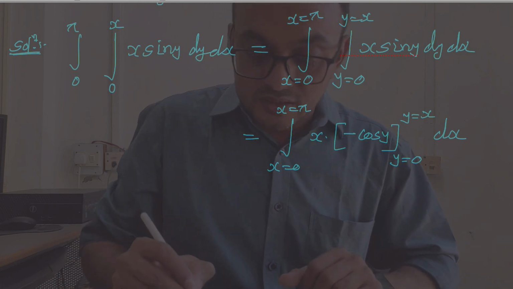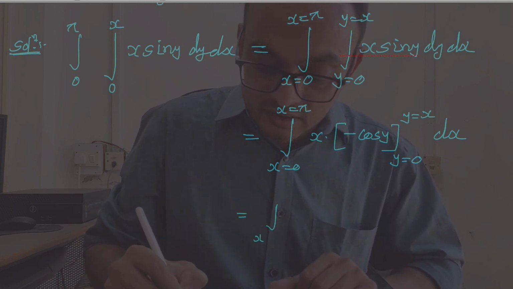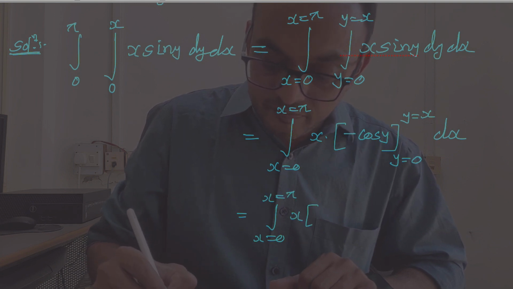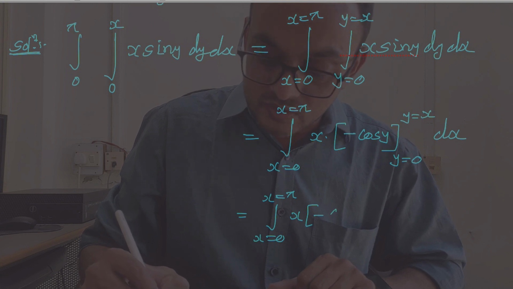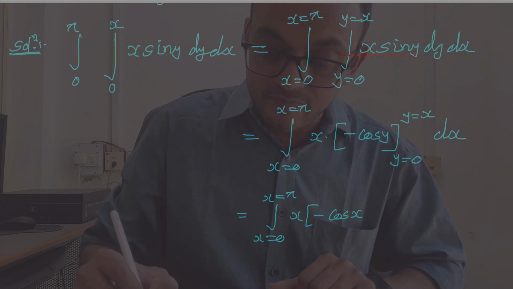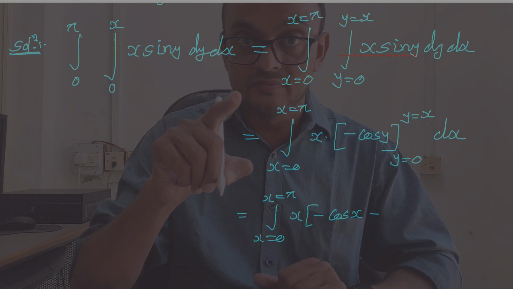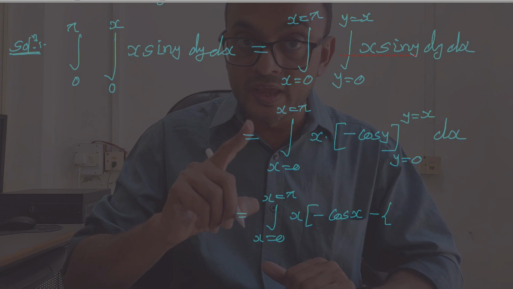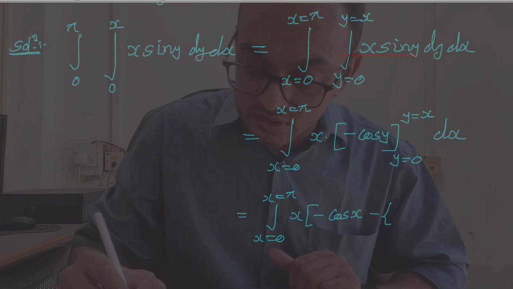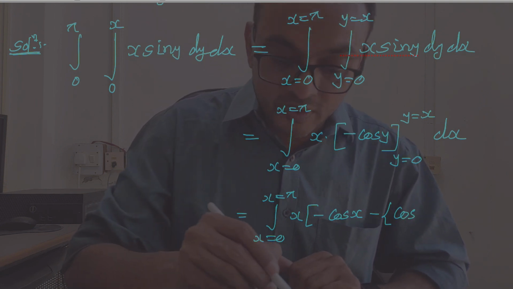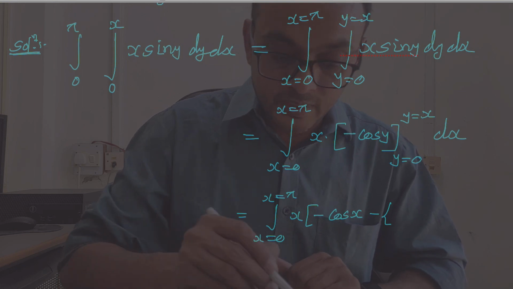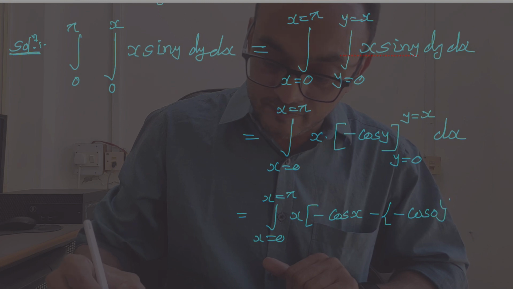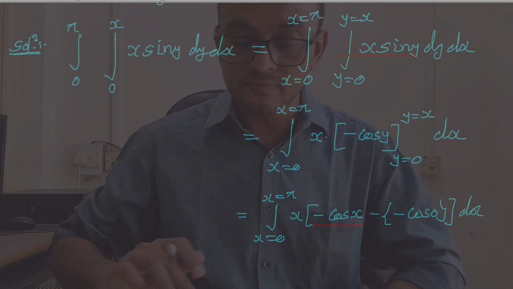So in place of y, we substitute the upper limit, minus cos x. This minus sign is for lower limit. Don't make any mistake. When y equal to 0, this is cos 0 with minus sign, and dx.